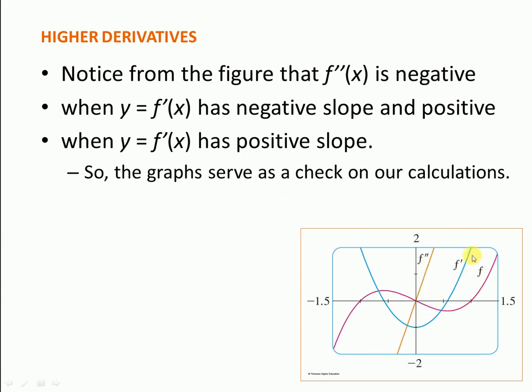And here, if we take a look at the blue curve, the first derivative, we see that from this point to here, the slope of the blue curve is negative, or decreasing. That means when we take the slope of the blue curve, the second derivative should be negative.